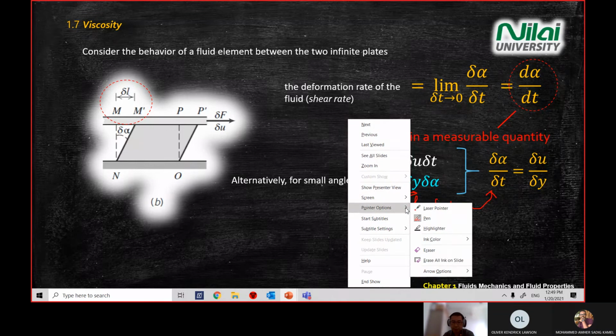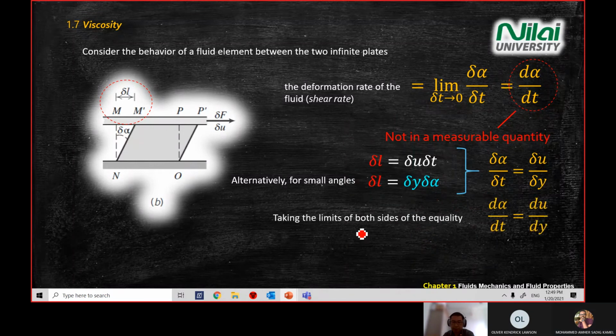Okay, good. So maybe I'll go a bit faster. Again, when we remove the limit for the small del, we can change the small del into d. d alpha divided by dt equal to du over dy. Then you compare this mathematical model to the definition of your shear rate. So your shear rate can be written in this form.